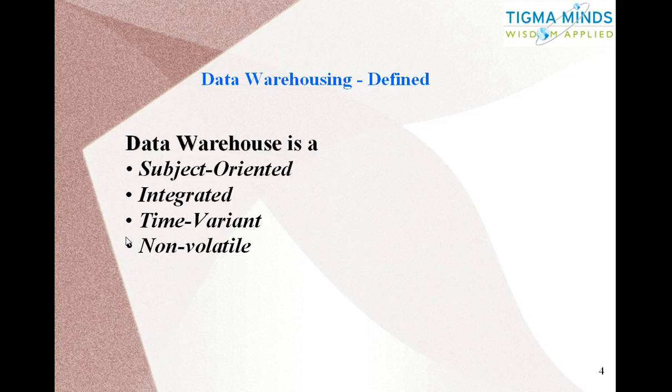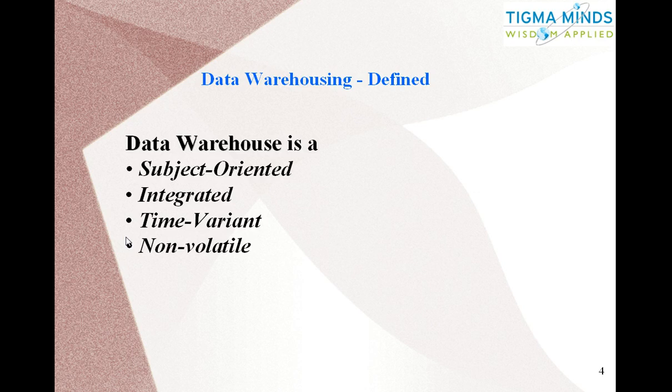Unless I correlate this data and look at it in one shot, it won't be possible for me to calculate the sales across India. So data warehousing is a terminology in which we look at the data in a holistic view.